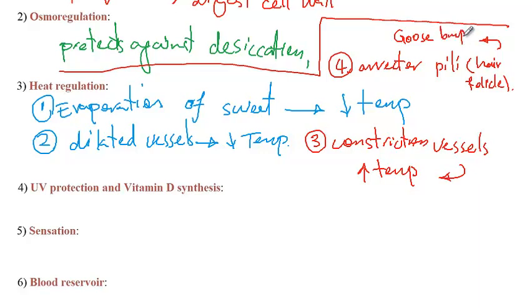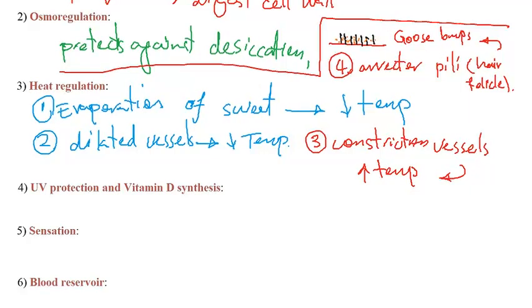And so goosebumps will now be able to trap air and prevent further loss of heat. So basically, if you have your skin here, when temperature is normal, the arrector pili is not contracting. However, when temperature drops, that's the time that arrector pili will contract and cause goosebumps, as a consequence of which heat will now get trapped in between these hairs.